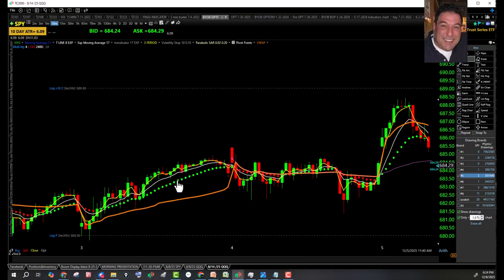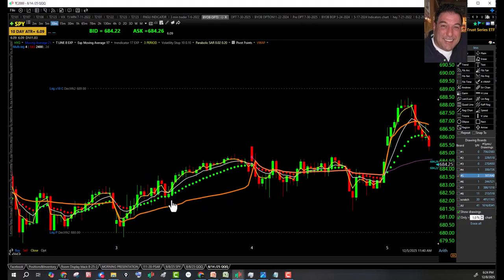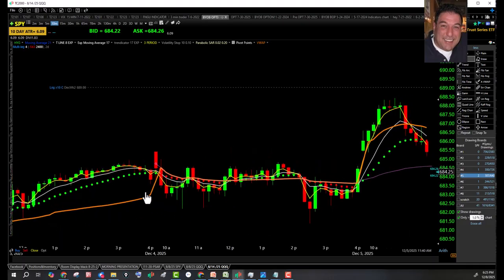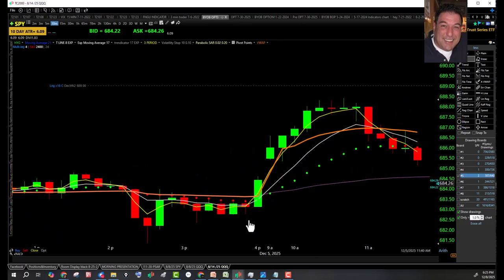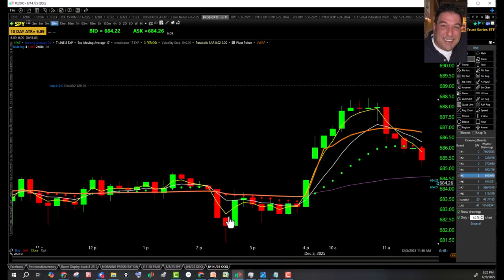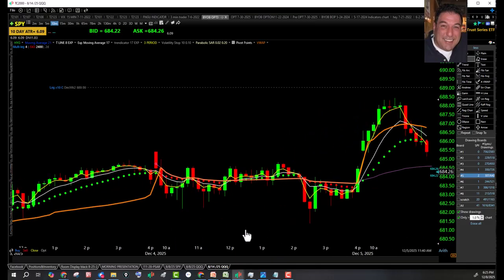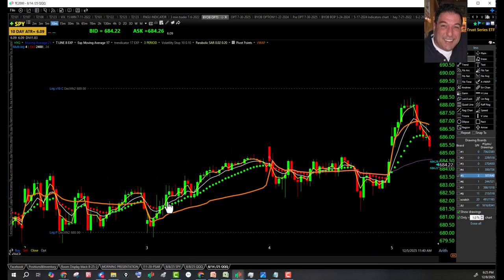Now, there'll be times when price will pull back to VWAP and oftentimes bounce off of it. And then there'll be other times where price, early in the morning, will fall down to where VWAP left off the previous day.